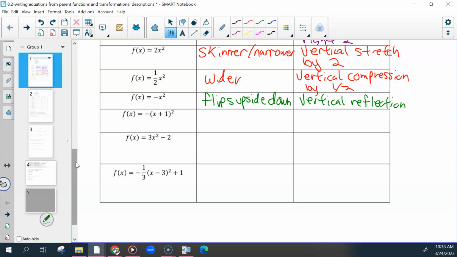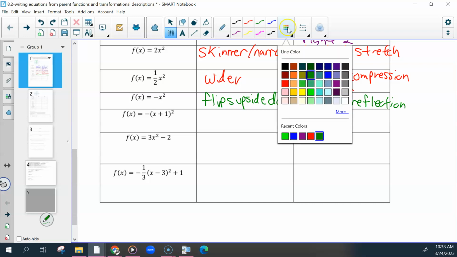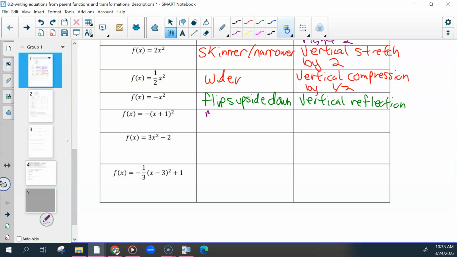It's going to move left, but not down, because there's nothing outside. So left 1. You can put them in order, but if you do not put them in order, it doesn't matter. So let's write that rule. What would that be as the rule?